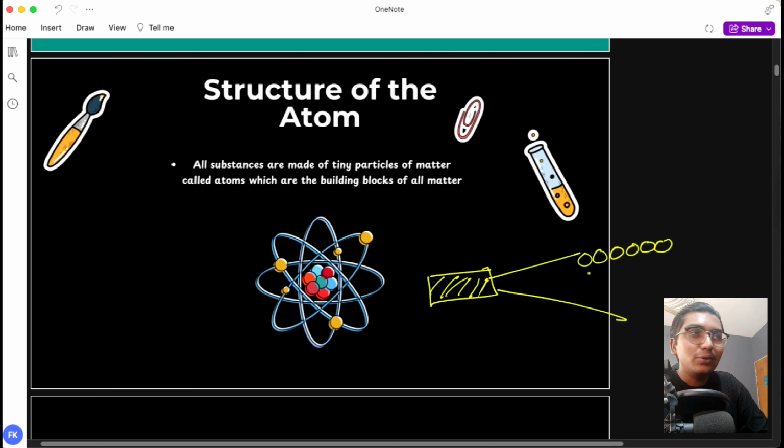Honestly speaking, you cannot see an atom with a compound microscope or light microscope. If you see the structure, you will find it is made up of tiny atoms of sodium. So as you can see, this is the building block of a whole metal.